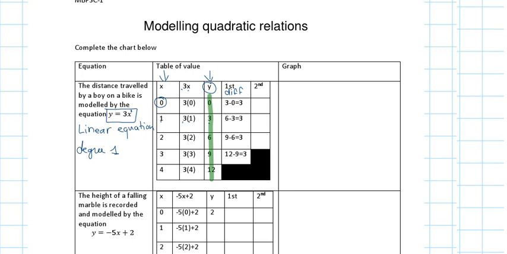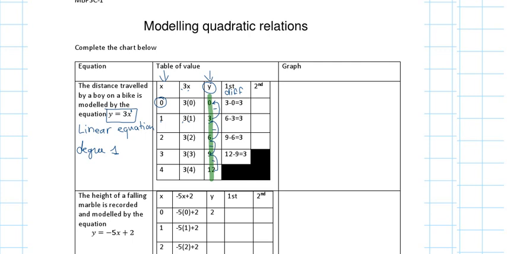Then I do 6, take away 3. That gives me 3. So second y value, and I subtract the first y value. So I move from the bottom to the top. Second y value, subtract the y value on top of it. So on and so forth. Subtract, subtract.